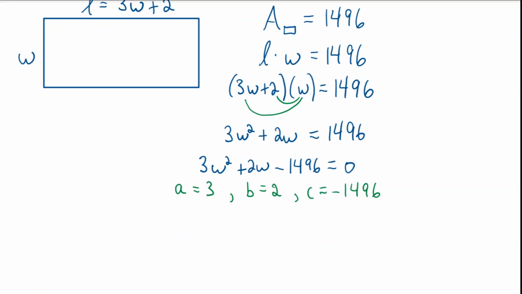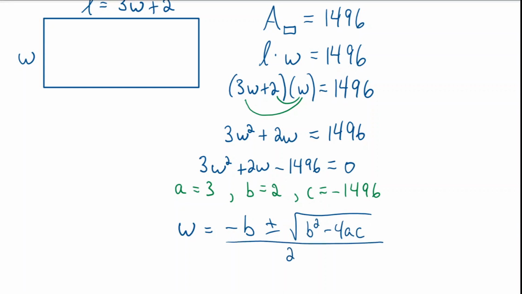Let's write that a little more pretty. We've got w equals negative b plus or minus the square root of b squared minus 4ac, all over 2a. Let's put our variables in there instead.